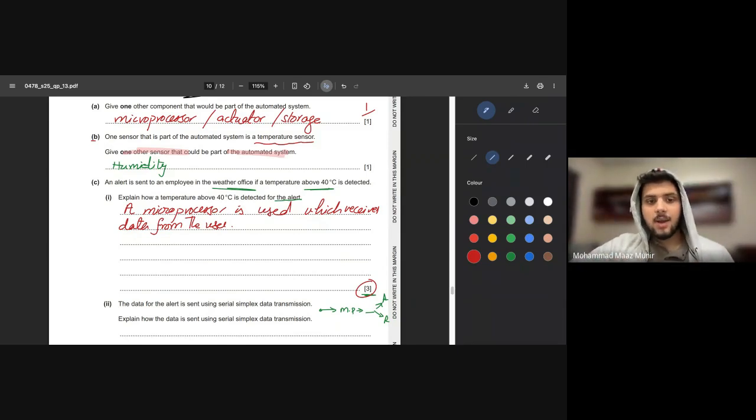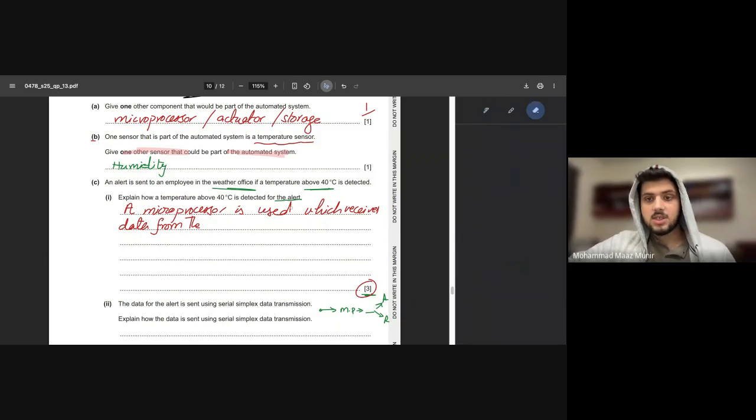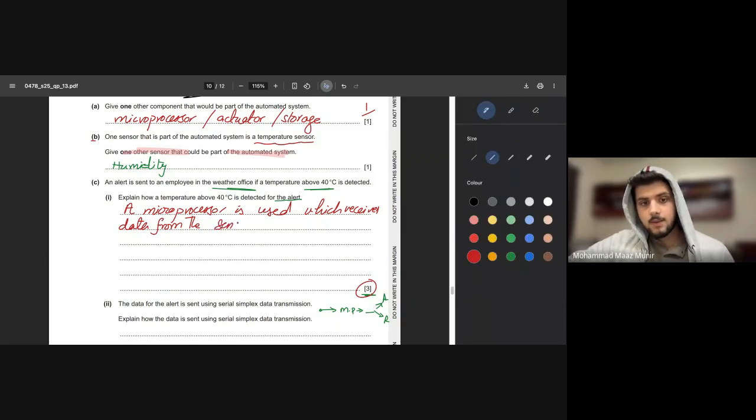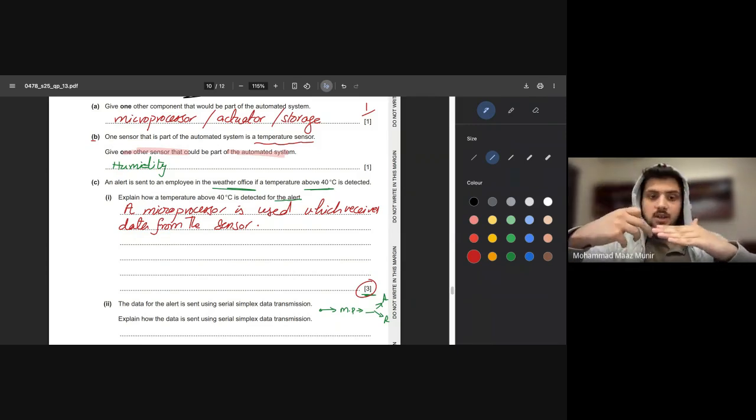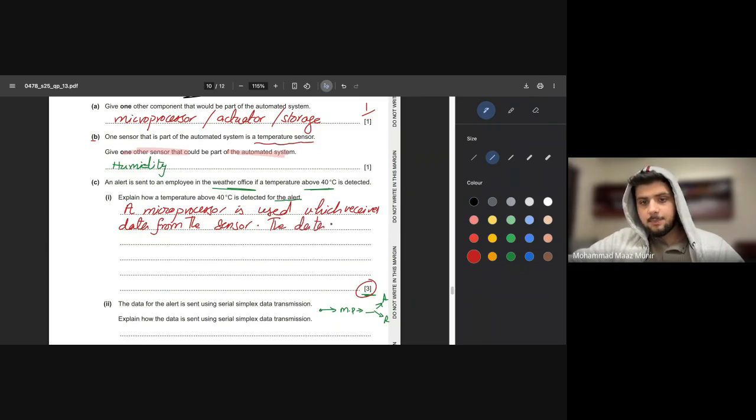Understood? So a microprocessor is used which receives data from the sensor, my bad, from the sensor. And now, once it receives the data, it is basically comparing it against a set value of 40. So is the value greater than 40 or not? The data is compared against a set value of 40.